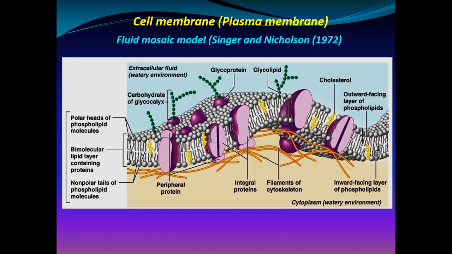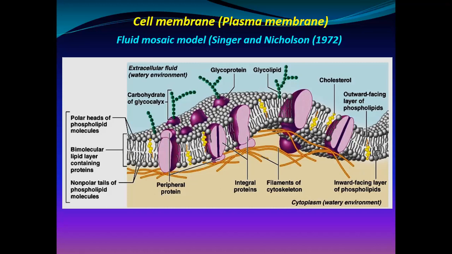The cholesterol molecule has an OH group that gives polarity, and based on that polarity, the cholesterol molecule also has hydrophilic as well as hydrophobic nature. That will be in between this lipid bilayer, and the purpose of the cholesterol molecule is giving fluid nature to the membrane. I will come to that in a while.